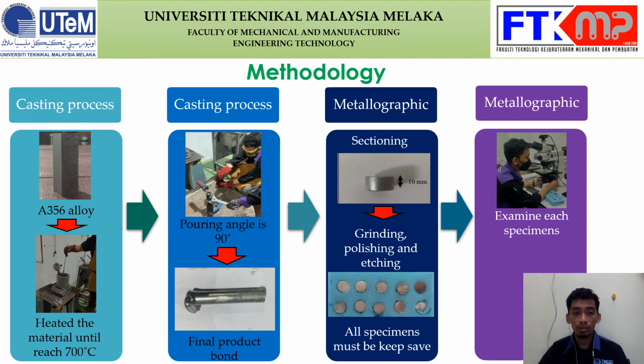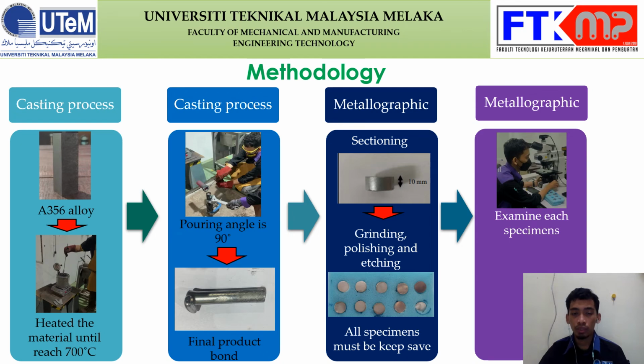The product needs to be prepared with the metallographic procedure. For the sectioning process, the product needs to be divided into 10 specimens with a dimension of 10 mm. The next process is grinding, which needs to be done properly step by step using sandpaper with different grit.